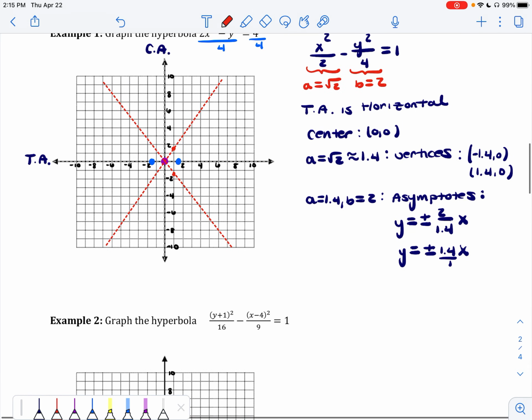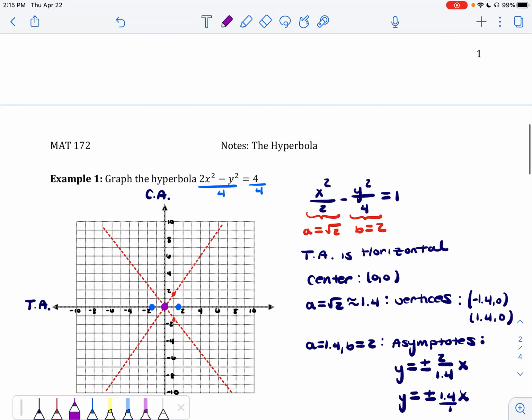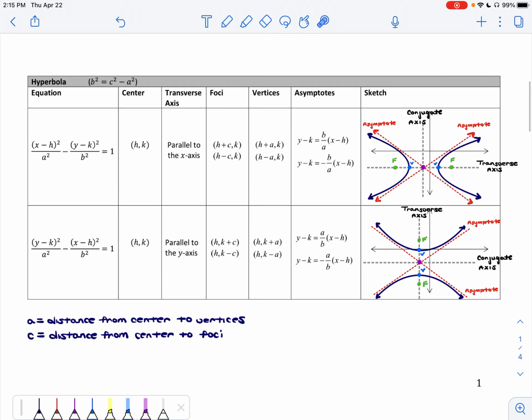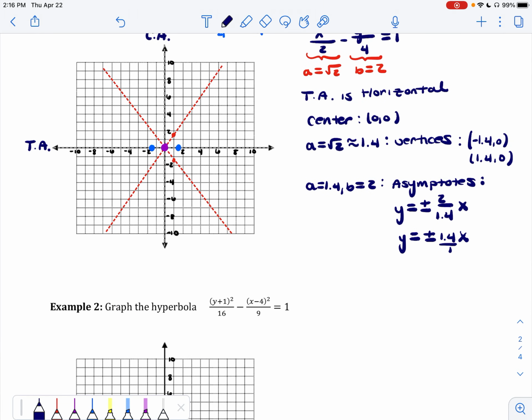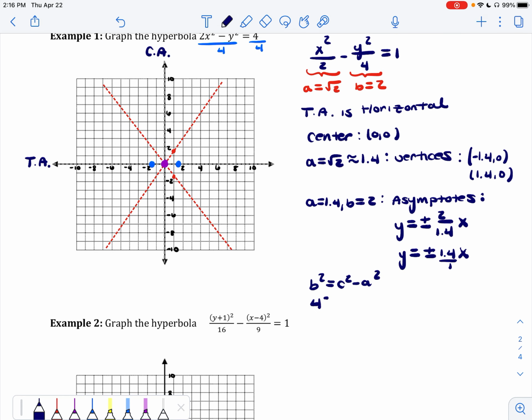Okay, so the last thing we need to find then are the foci, and that's going to come from our c value. So with hyperbolas, we can use the equation b squared is equal to c squared minus a squared. So we'll have 4 is equal to c squared minus 2, which is going to give us c is equal to the square root of 6.